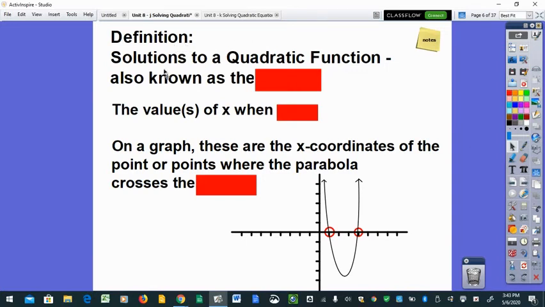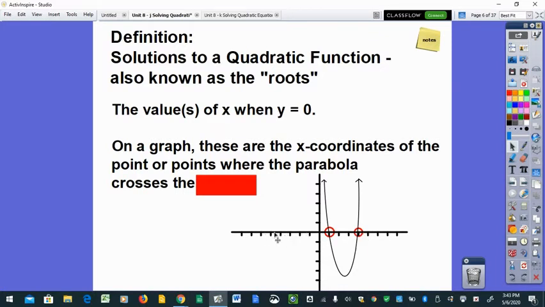All right, so definition. Solutions to a quadratic function are also known as the roots. Roots is a synonym for the word solutions, and it means the values of x when y equals 0. So the solutions of a quadratic give you the point or points, as we'll see, where the parabola crosses the x-axis.